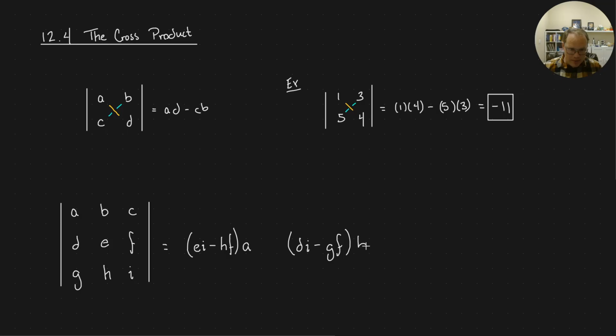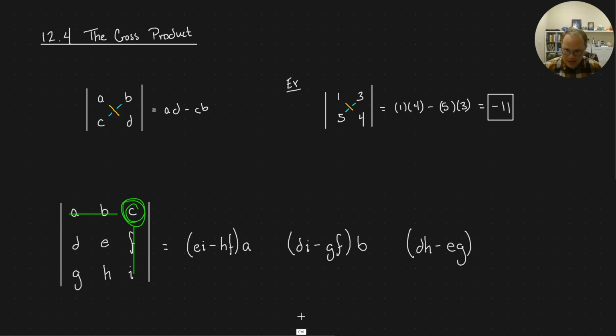In this case, B. And we're going to do it one more time for the last element in the first row. So do it with C. Imagine canceling out the row and column. Focus on the 2x2 that you would have left. Okay, I'll get DH minus EG, and then multiply by that element in the first row we were focusing on.